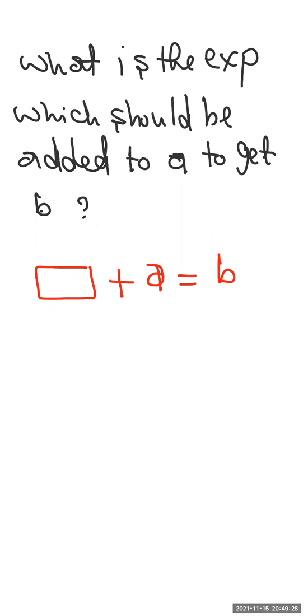So what will be the number? Simple example. What will be the number which we should add to this 3 so that it becomes 8? All of us will say, of course, Mr., it's 5, right?